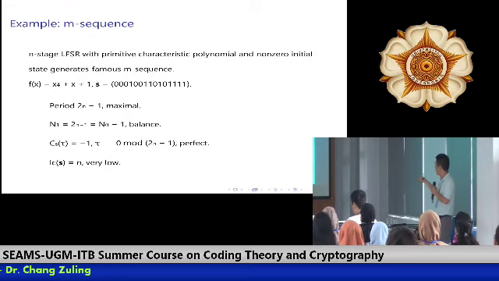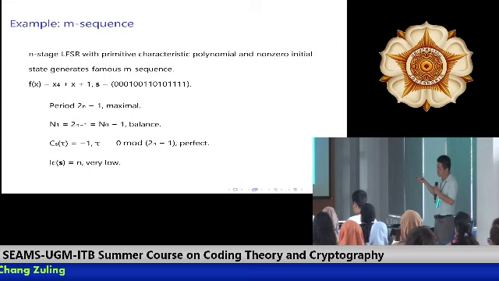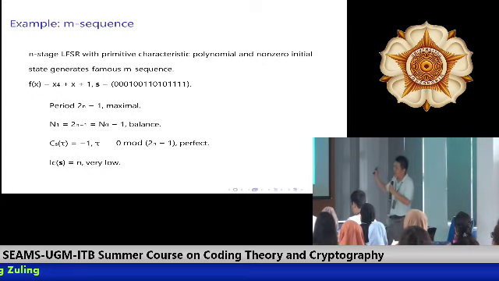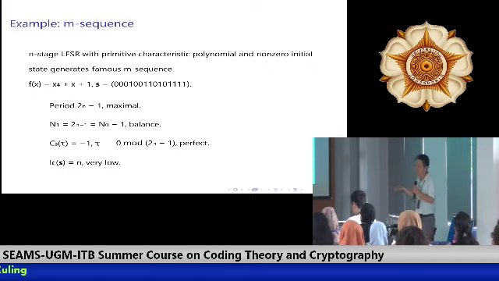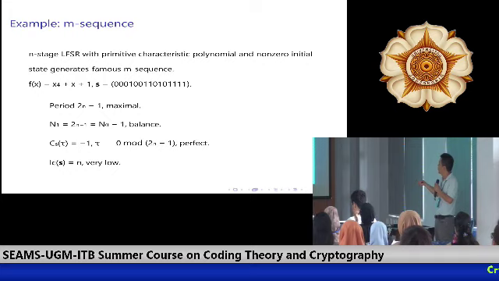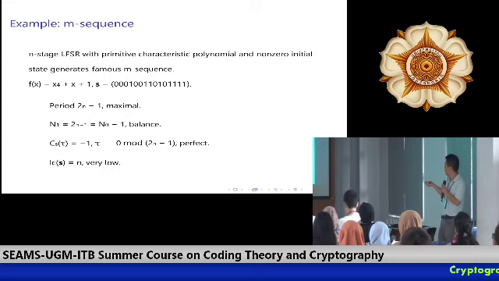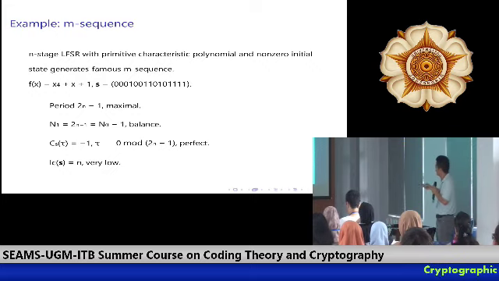If the minimum polynomial is primitive, then the non-zero sequence will be called an M sequence because it has the largest period. The period 2 to the n minus 1 is maximum. For example, x to the 4 plus x plus 1 is a primitive polynomial. It will generate this sequence. The period is the maximal.